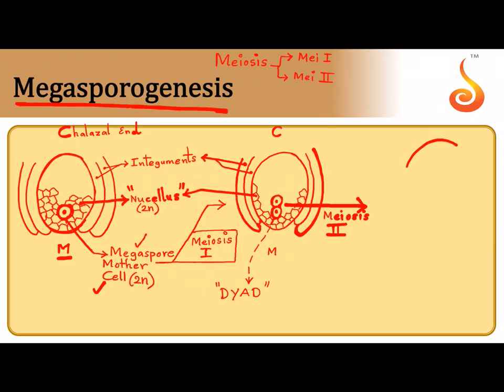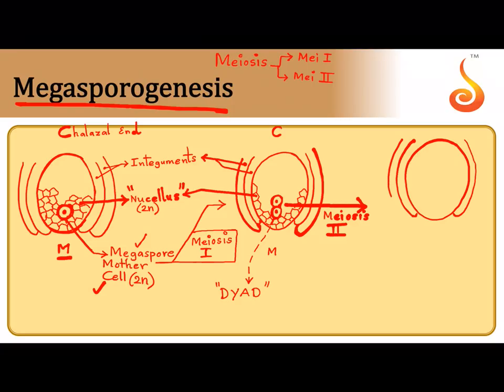So once again let me draw the nucellus for you here. Once again the inner integument, the outer integument, and a few cells, let me show you which are the cells of the nucellus.